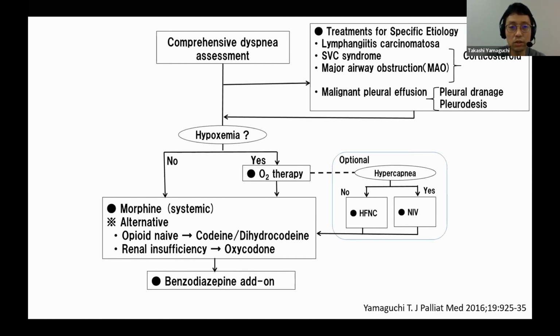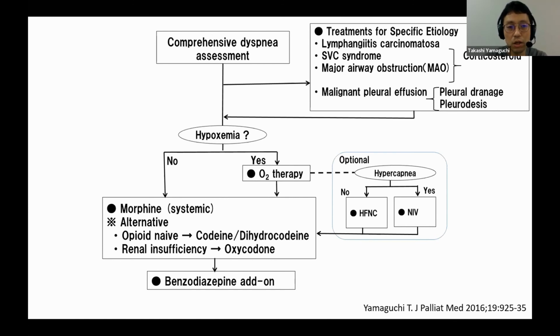And after that, we have to evaluate whether the patient is hypoxemic or not. If the patient has hypoxemia, we should consider oxygen therapy. And if the patient does not have hypoxemia or is still dyspneic after giving oxygen, we usually consider systemic morphine.